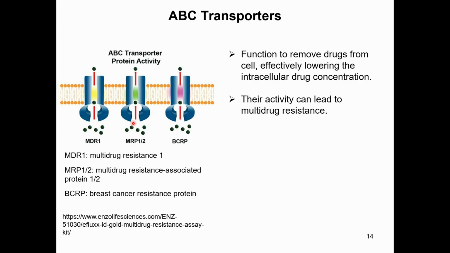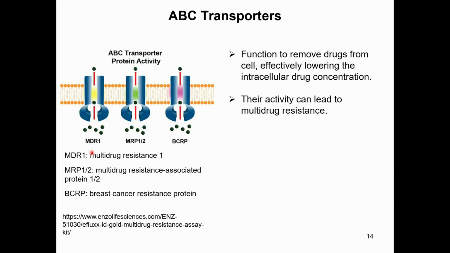So there are some really important pharmacology considerations here. They're really important in drug resistance, believe it or not. There are many ABC transporters, but three really important ones are called MDR1, MDR1/2, and BCRP.